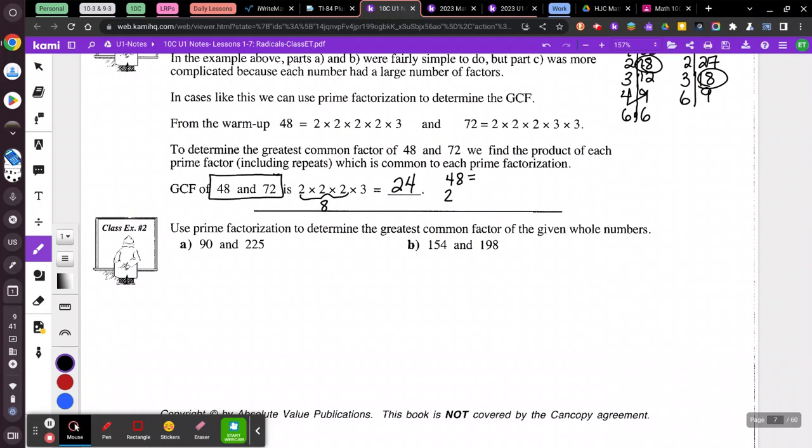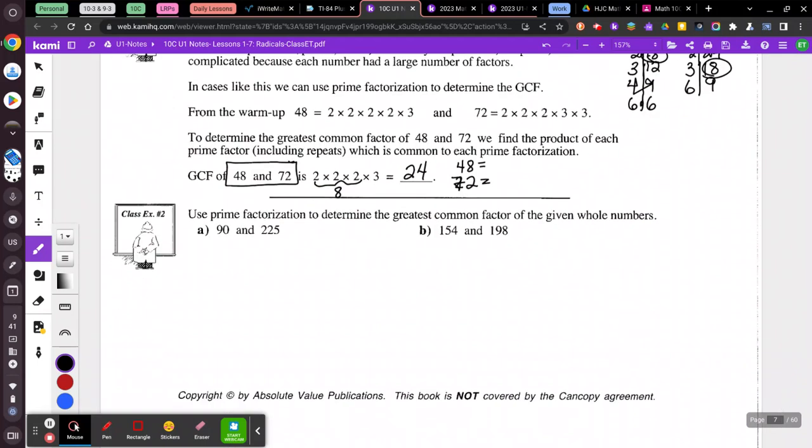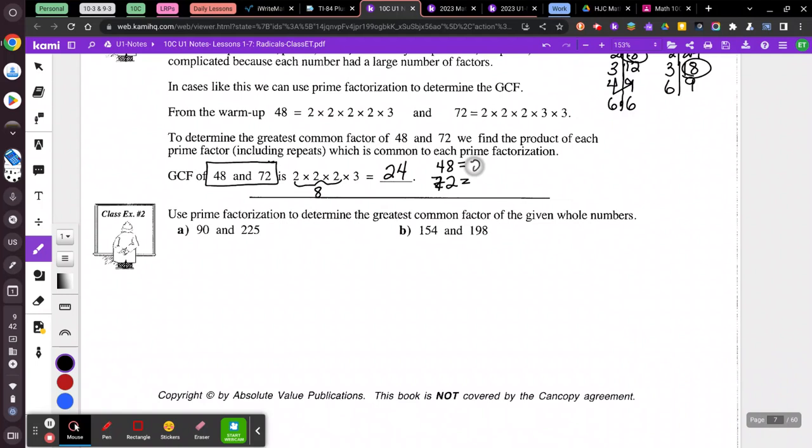So 48 is 2 times 2 times 2 times 2 times 3. 72 is 2 times 2 times 2, and then 3 times 3.